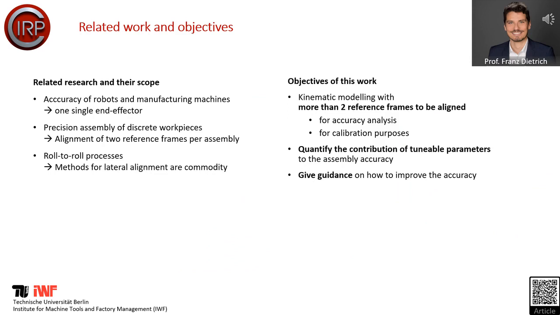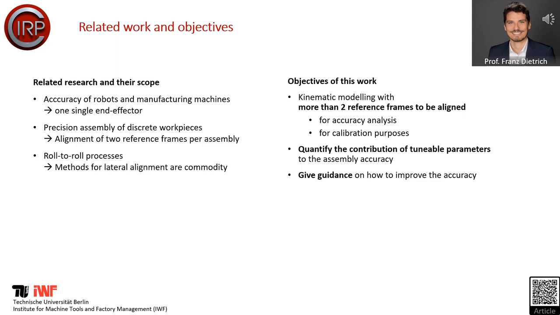In our research for existing methods, we found methods for robots and manufacturing machines, which are mainly concerned with single end effectors. We found precision assembly of discrete workpieces, and also there the main occupation is to align two reference frames per assembly next to each other. And we found roll-to-roll assembly where mostly lateral alignment is sought after, and not the longitudinal that we are looking at.